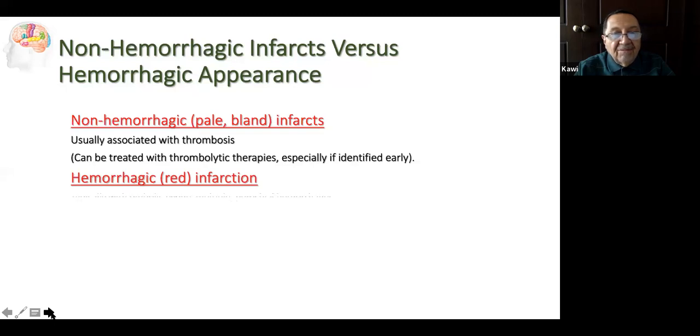While the red infarction, typically it is embolic, because the embolus, we can think of it like throwing chips of ice in a warm stream. What happens to these chips of ice? They are going to dissolve.